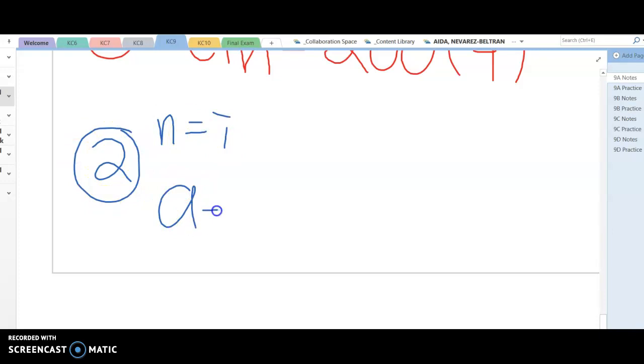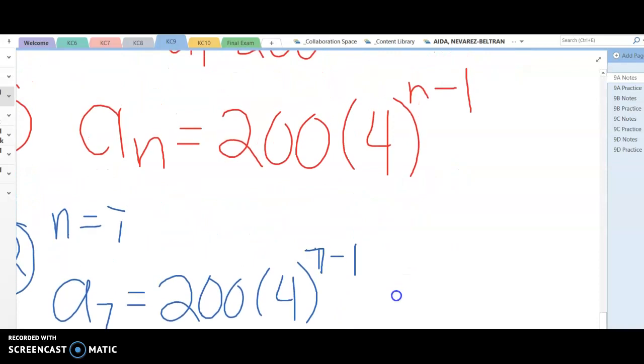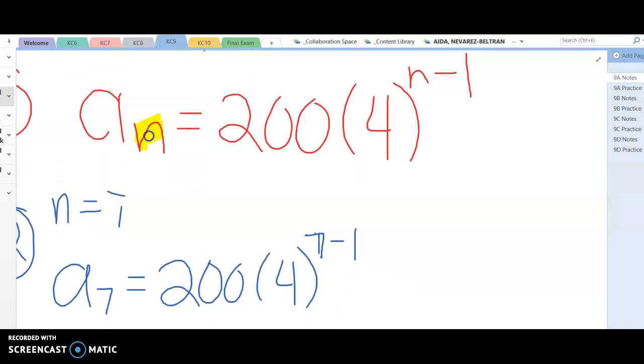So we should have A_7 equals 200 times 4 to the 7 minus 1. Wherever you saw an n before, you're plugging in a 7. We have an n over here and an n up here, so anywhere you see an n, you plug in 7.